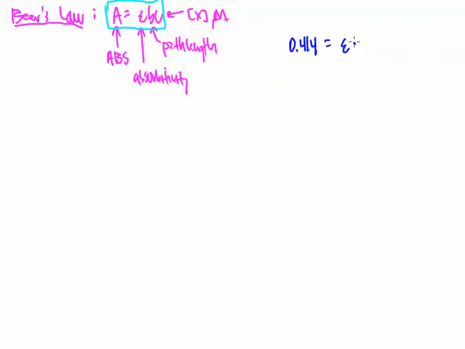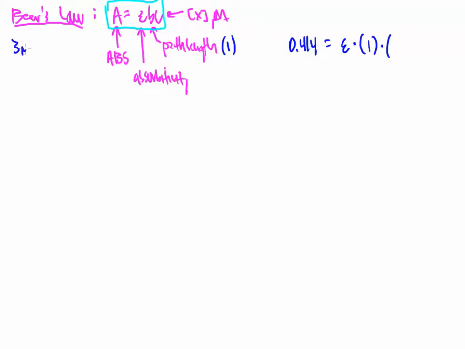I'm going to multiply that by B, which is the path length of the cuvette, and the path length of the cuvette is always 1 centimeter. That's what you use to run the samples in. So this is multiplied by 1, and then multiplied by the concentration of, in this case, the 3 microliter benzene.